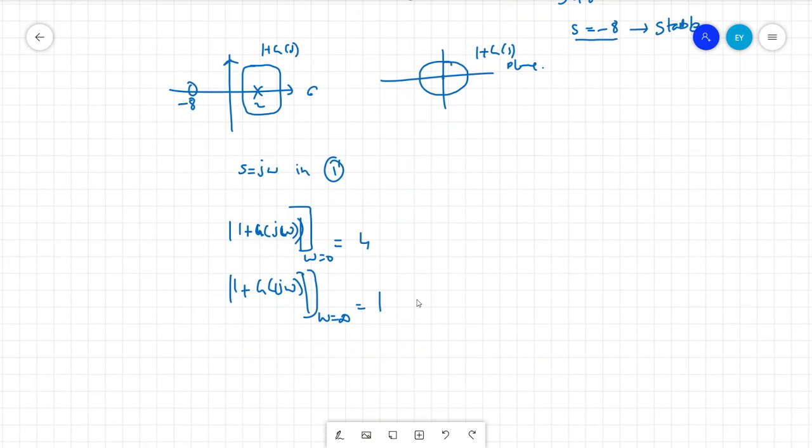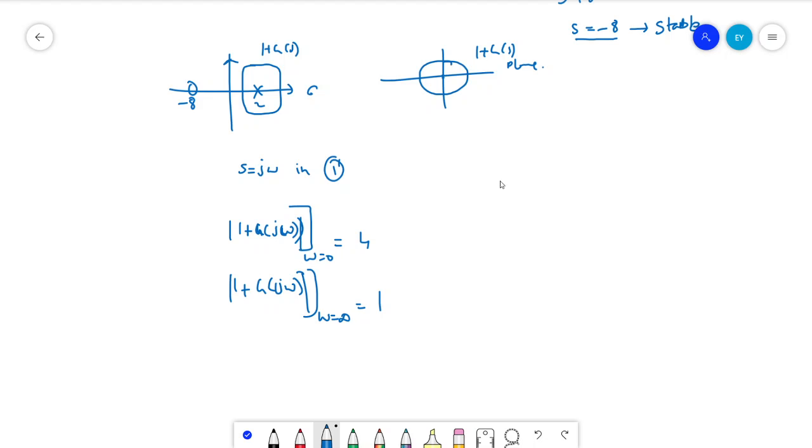Right? Similarly, if you calculate the phase of 1 plus g of j omega, you will get tan inverse of omega by 8 minus 180 plus tan inverse of omega.